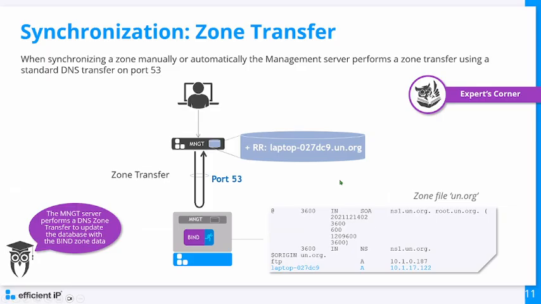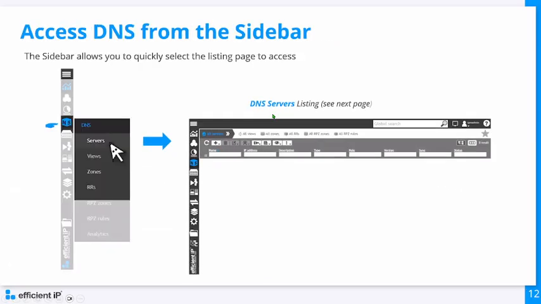Now here is to show you how you can add a DNS server, how you enroll. For you to enroll the DNS server, you go to the sidebar and select the DNS menu. Under the DNS menu, you have the submenu Server, and you will be able to see all the servers.